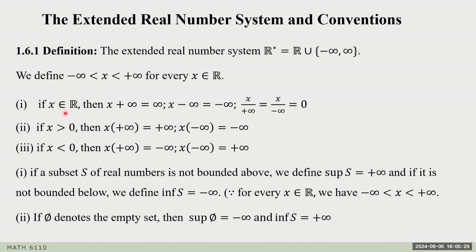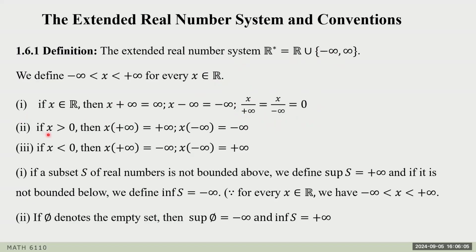Okay, so if x is any real number, then x plus infinity gives you infinity. x minus infinity gives you minus infinity. x over plus infinity or x over minus infinity gives you 0. Now, these are things they told you in your first year calculus course not to write. It's not that it's wrong, it's just that we'll see in a bit why it's useful to have these symbols.